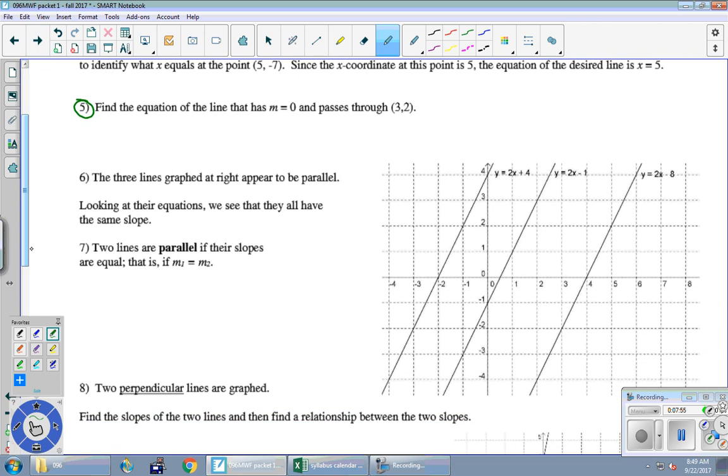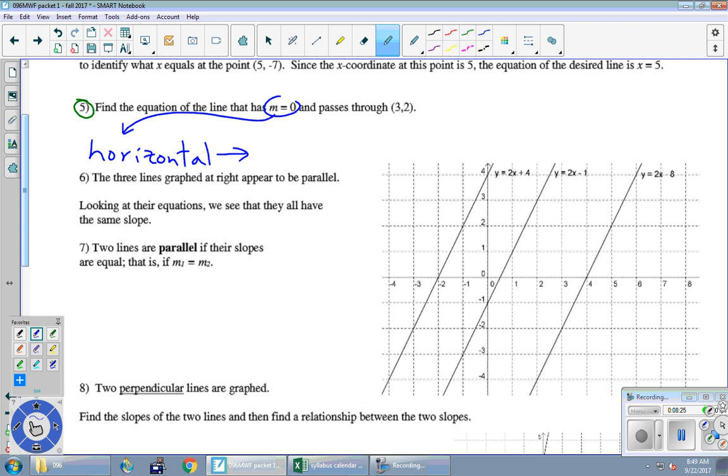Okay, so we're going to play detective here. We see m equals 0. That's one of the 4 facts on the previous page. What can you say about a line where the slope is 0? All right, so this translates to horizontal, right? Slope is 0, it's horizontal for sure. Next piece of the puzzle. In the other sentence about horizontal lines, it tells us the equation of every horizontal line.